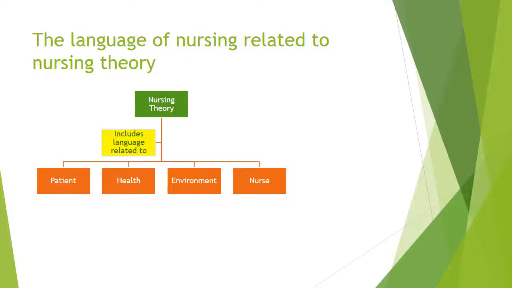Health, as it relates to the person overall, means maintaining health at the optimal level that we possibly can. Environment may include manipulating the environment when they're in a hospital setting to make it more soothing, more calm, or to make sure it's clean. If it's in the home, it may apply more to things like safety.